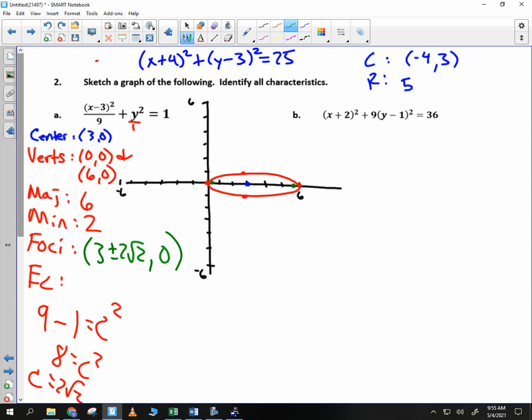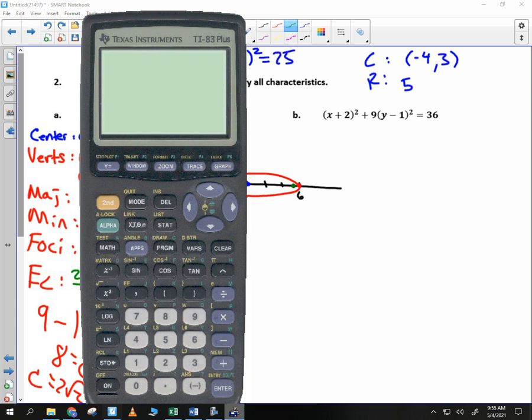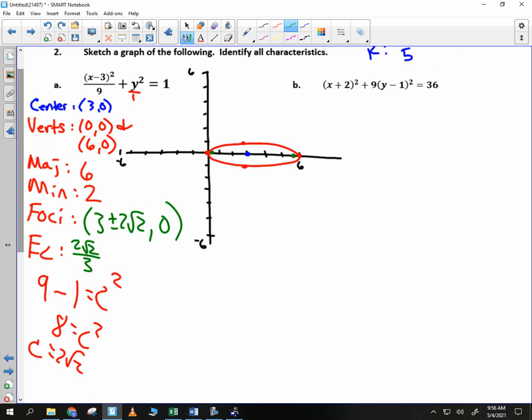Because it looks really flat. So we take 2 roots of 2 and we divide it by 3. 0.94. And you can see that that's closer to 1, so we can see how flat that is.